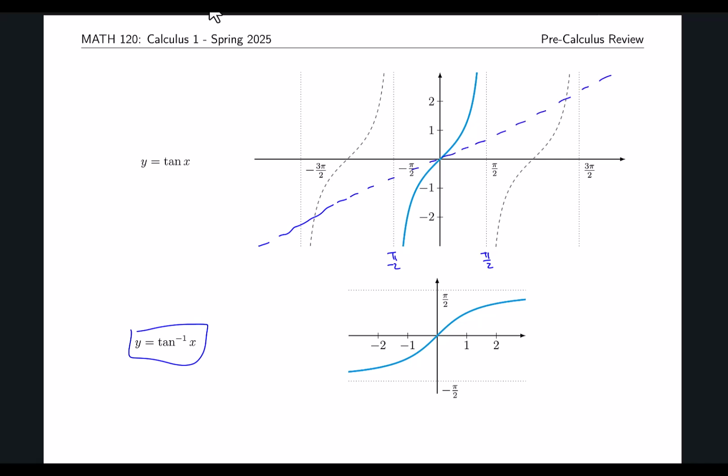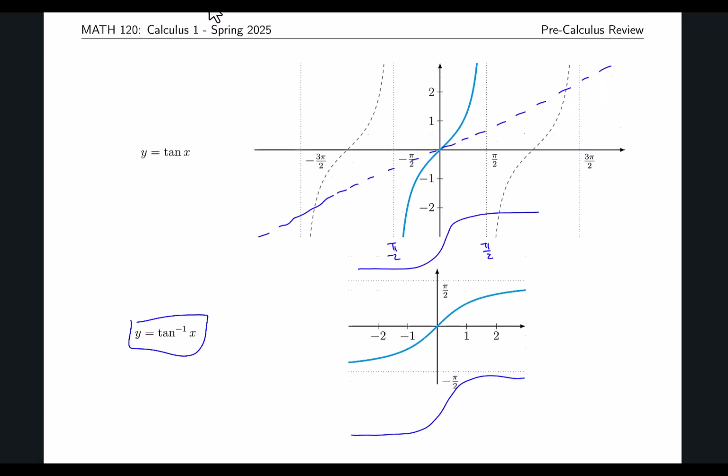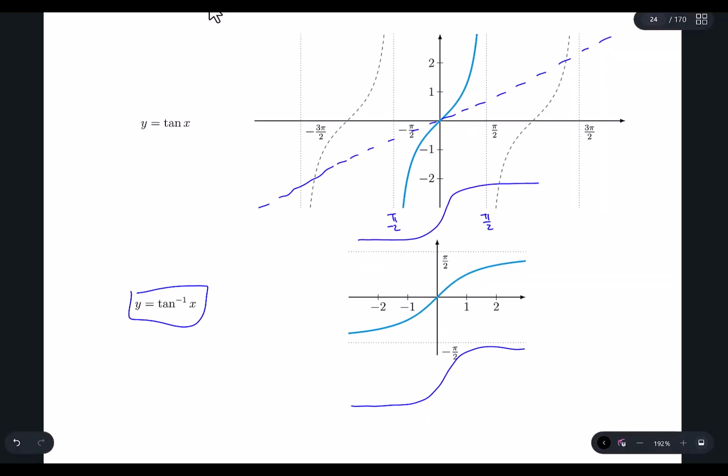So this is the result of that graph flipped about the line y equals x. Now the thing is, if you flip all of these graphs, you end up with another set of values down here, for instance, and another value set up here. And you don't have a unique answer for every single input.